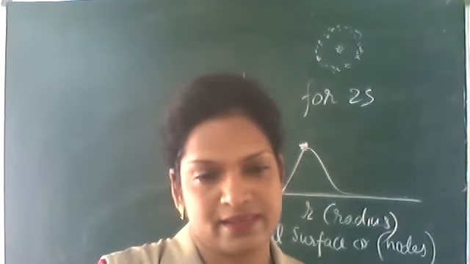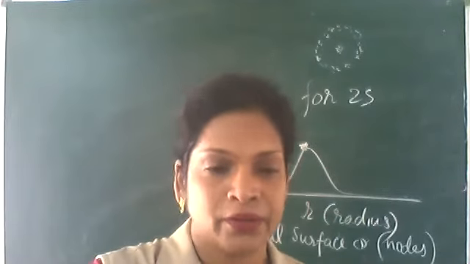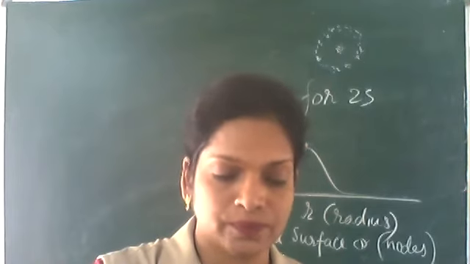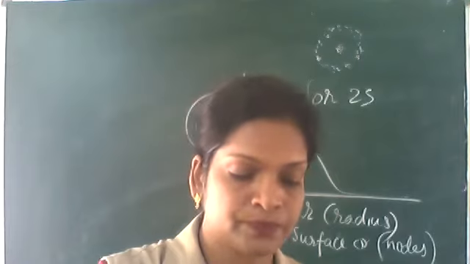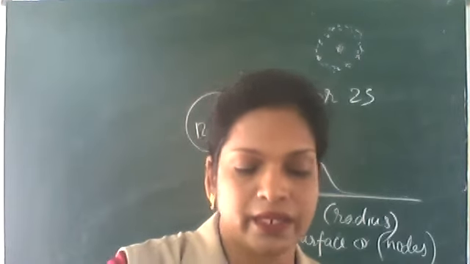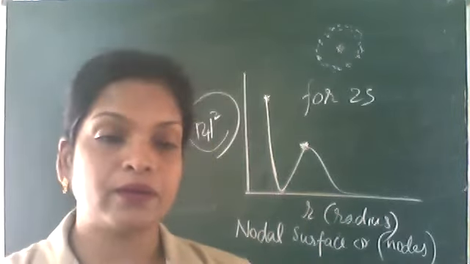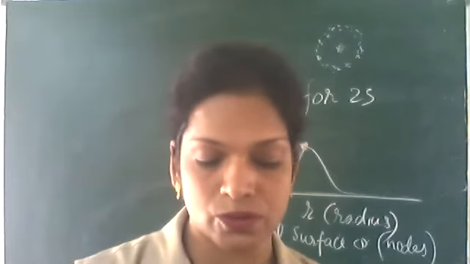There may be many nodal surfaces or nodes. The intermediate region where psi square reaches 0 is called a nodal surface or nodes.